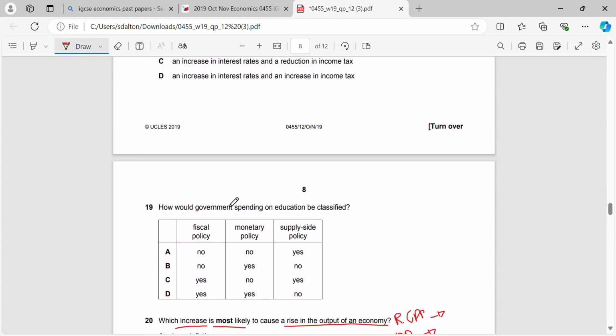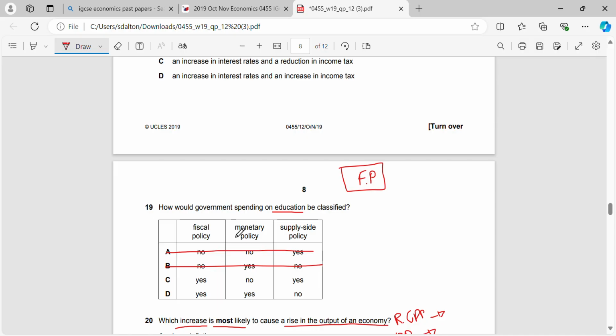Okay, how would government spending on education be classified? So government spending, remember, is a fiscal policy. Because if we increase government expenditure or if we decrease our taxes, they're both expansionary fiscal policies. So it is a fiscal policy because it will influence AD and it will move AD to the right.